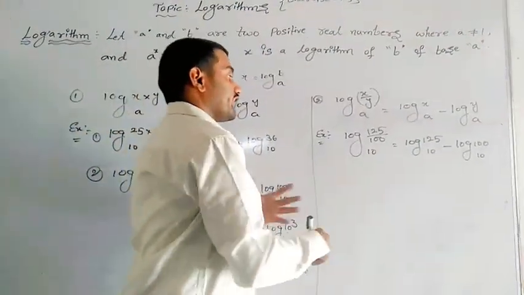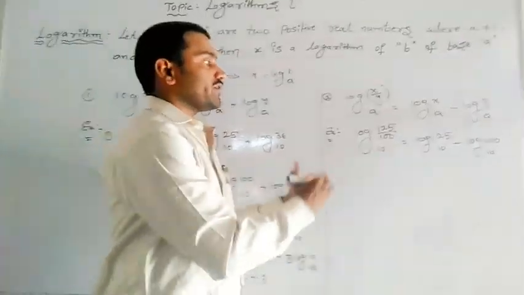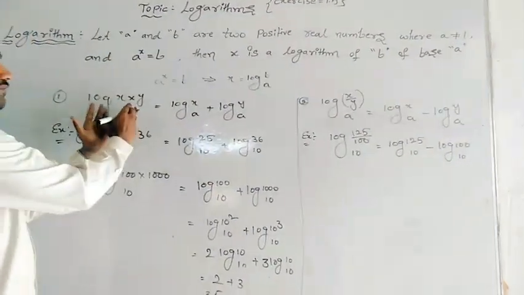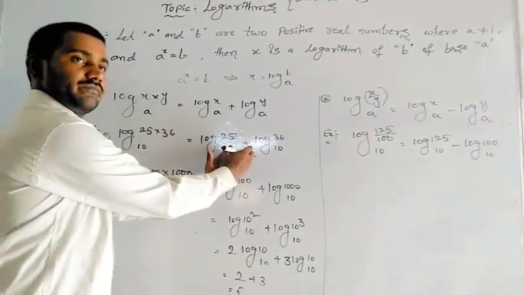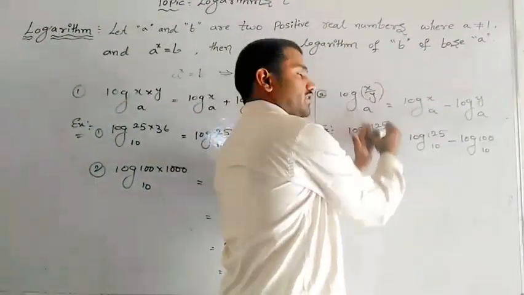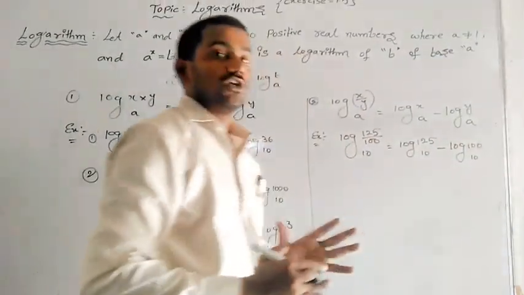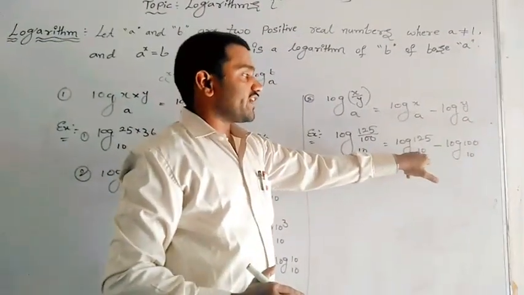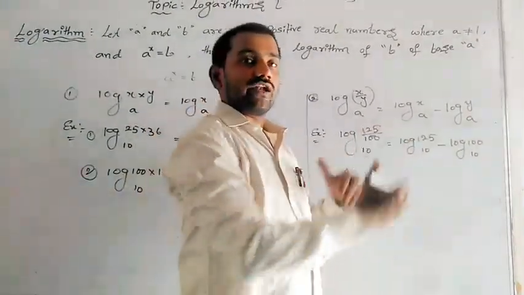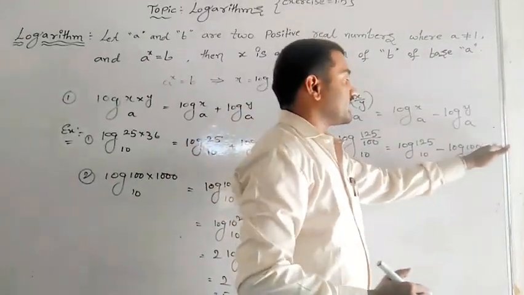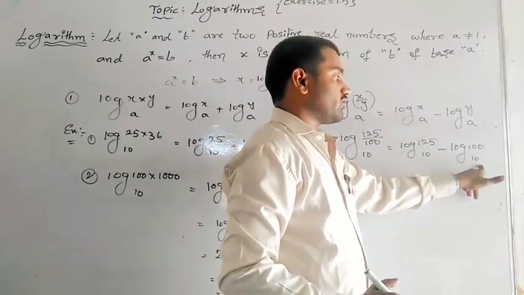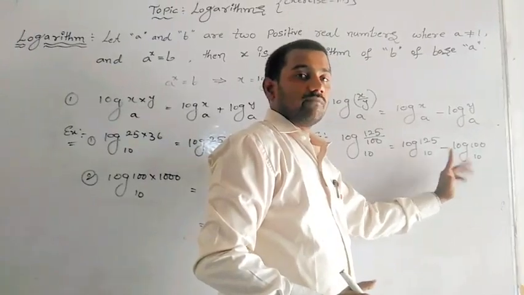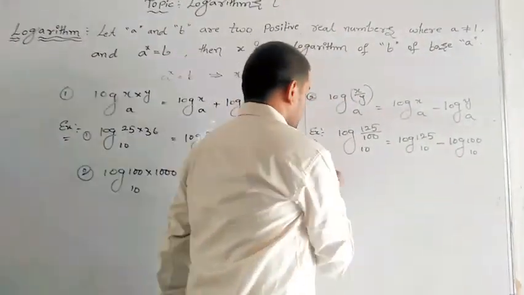In the product rule the multiplication we have written as addition. Here the division, the quotient, we have written as a subtraction, to make our calculation simple. Here we cannot simplify again because 125 cannot be written as a power of 10. Here we can simplify again: log 100 base 10 equals 2 actually. The answer will come as 2.